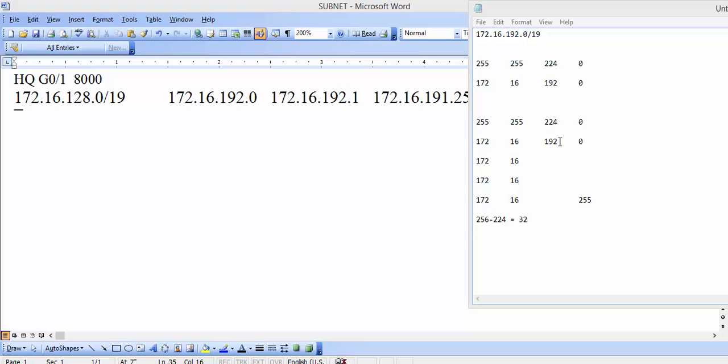Now our last base in this range is 224, because 192 plus 32 is going to be the next subnet.